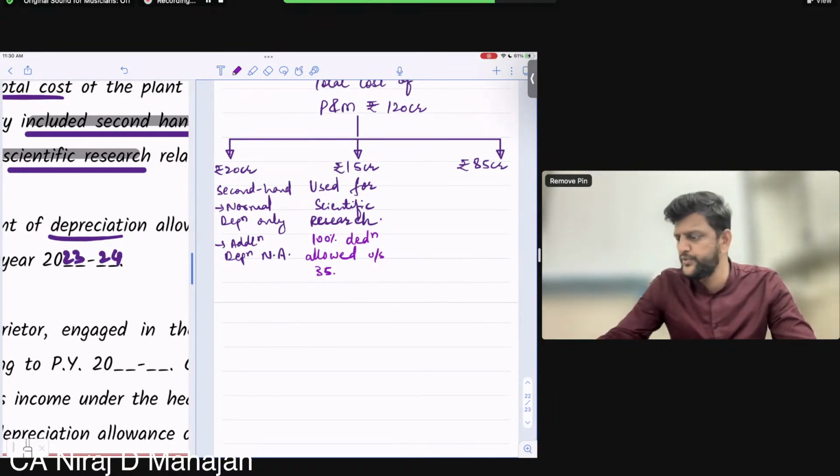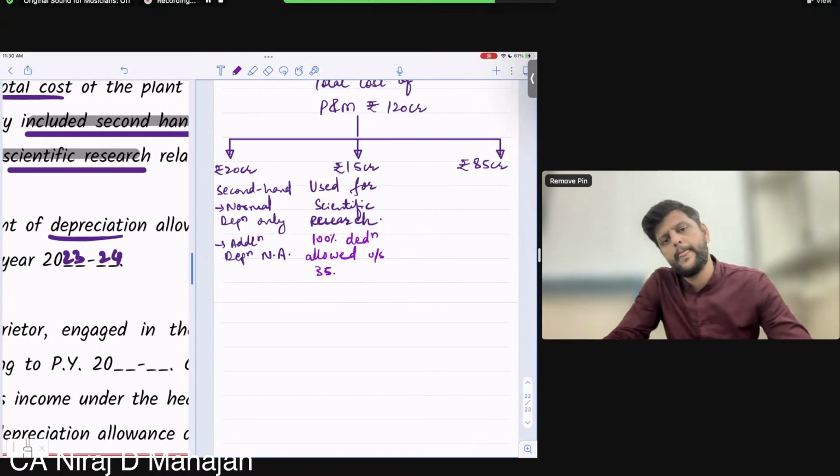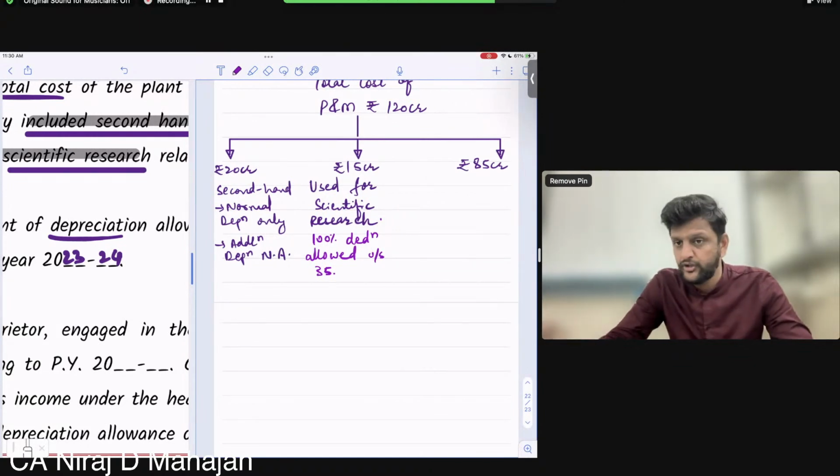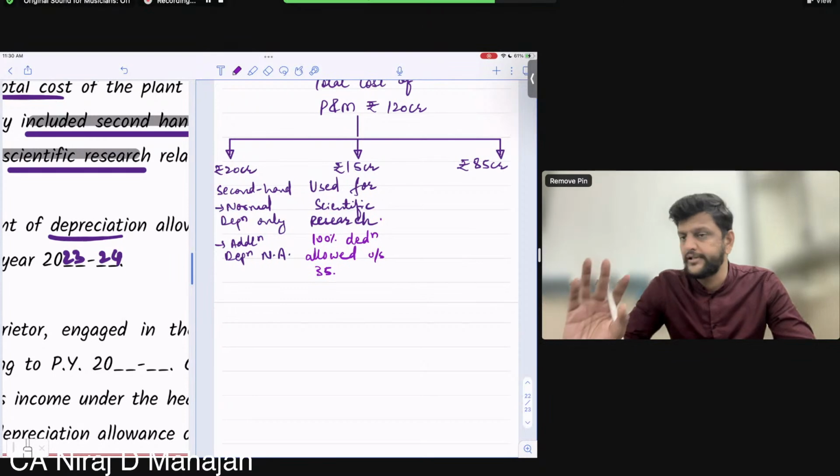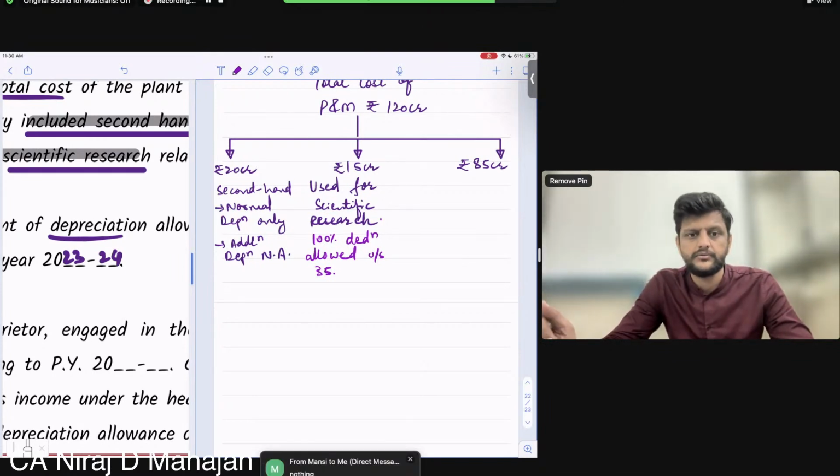Now my simple question to you, which I had explained to you yesterday. We are giving 100% deduction of the cost of the asset, 15 crores. How much depreciation will we give extra? At what rate? Good, Mansi. Kushbu, Nitin, how much depreciation will we give extra? At what rate?